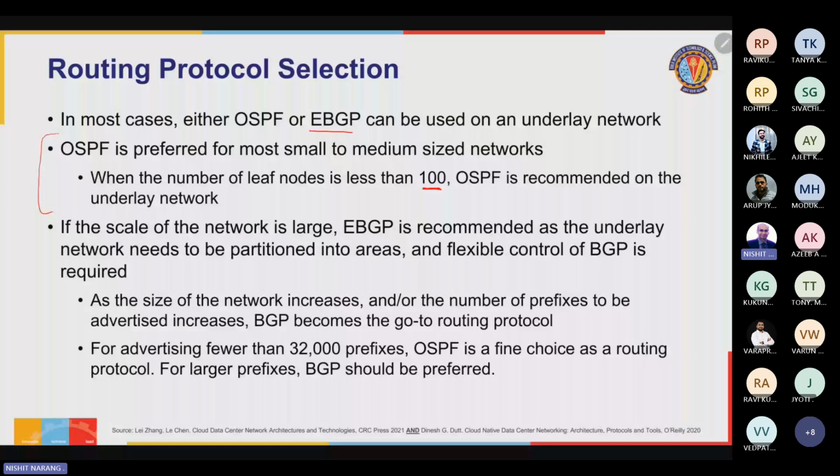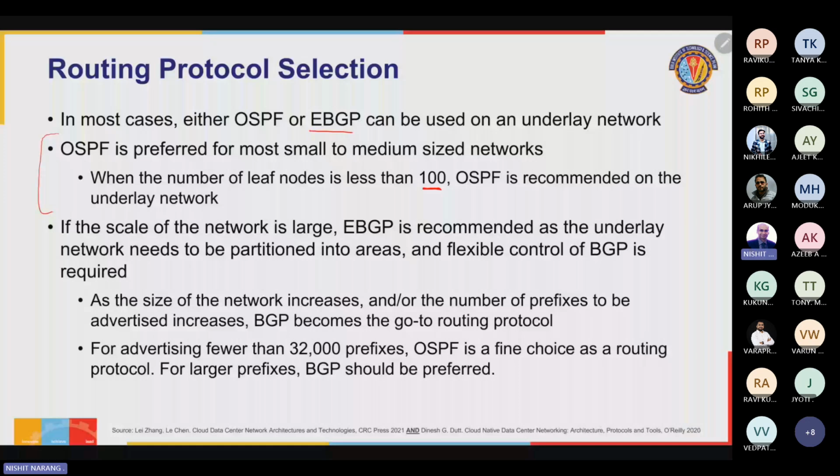The control plane overhead in the data center network will become a significant percentage of the entire bandwidth. And because that is often considered a wasted resource or a necessary evil, it's not really carrying the real data. So eBGP in a larger scale network is still a preferred underlay protocol.